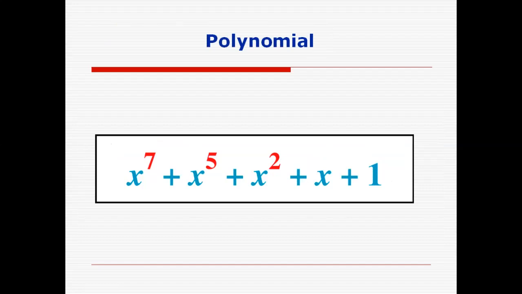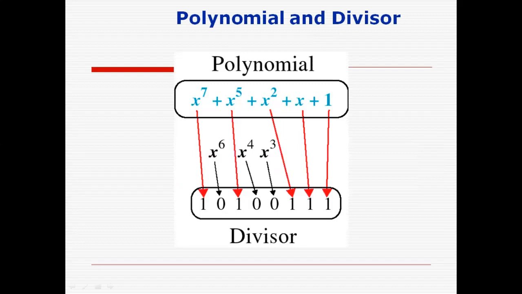First, we have to convert the given polynomial into a binary value. The bit positions that are present, we put as 1, and the bit positions that are absent we consider as 0. So x power 0 is present, so 1. Then x is present, so we put 1. x square is present, so again 1.